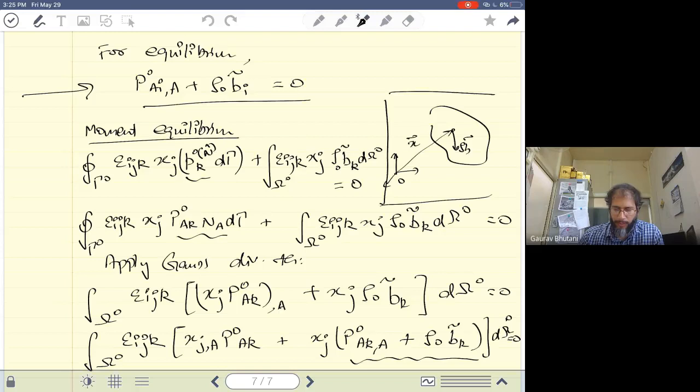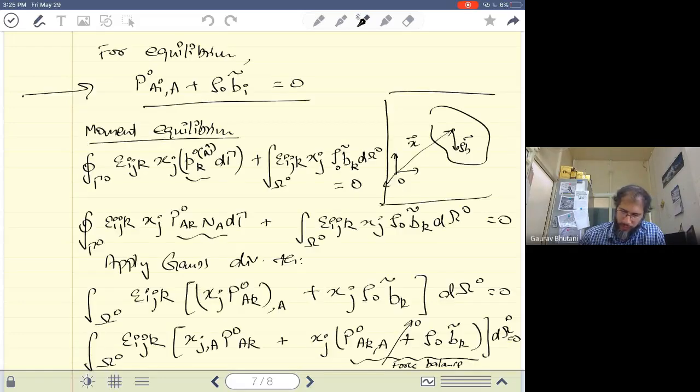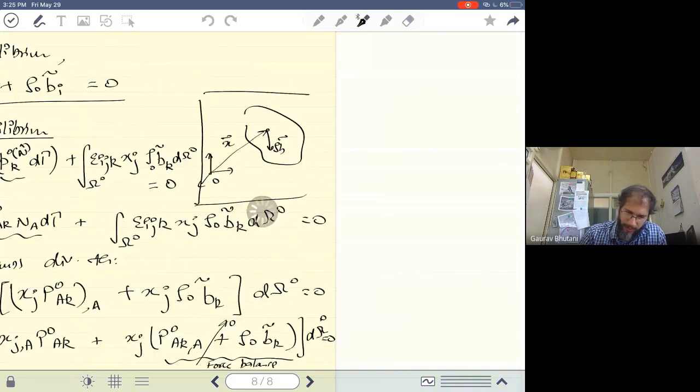This term is zero because of force balance. So what we are left with is only the first term, which is the integral over omega naught epsilon ijk xj comma A P naught ak.